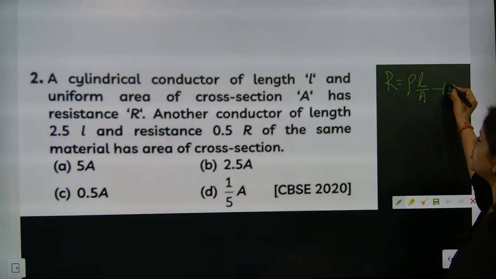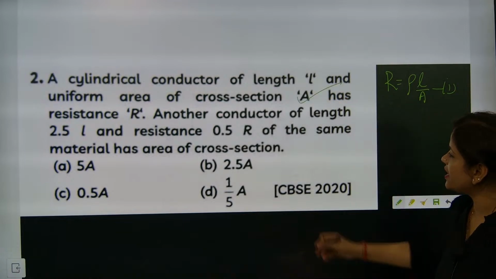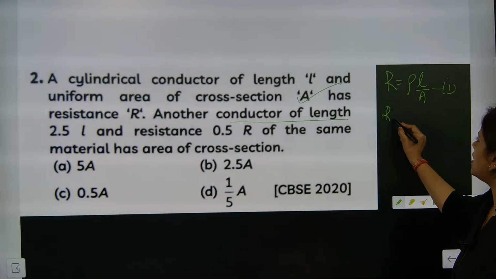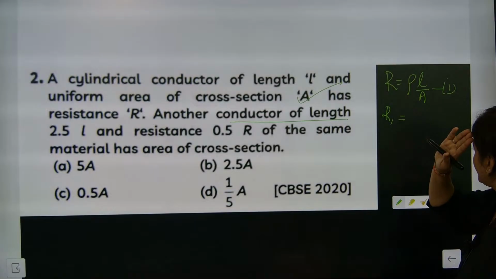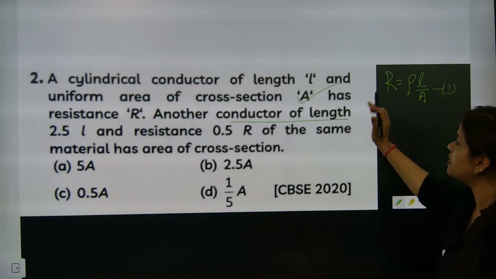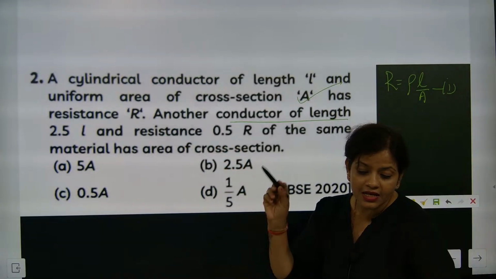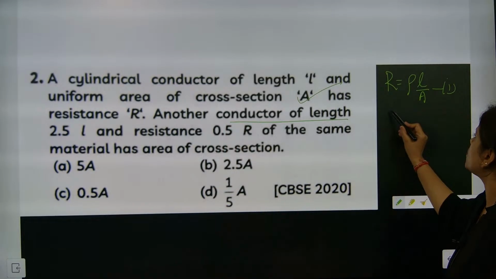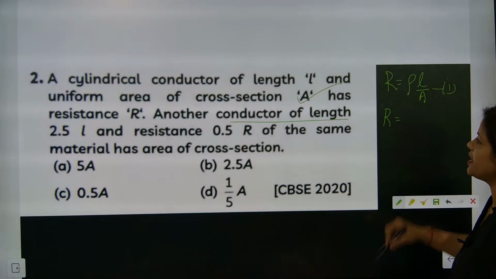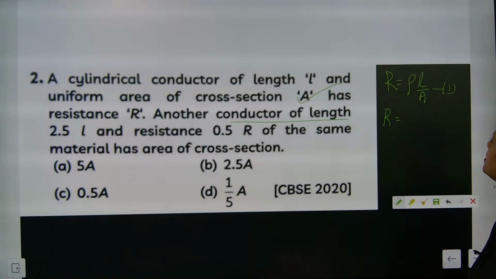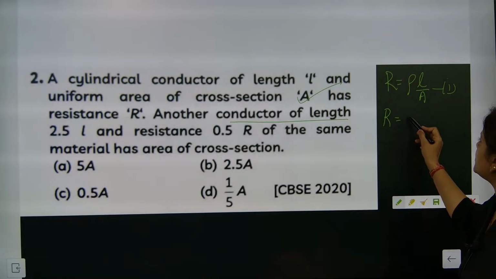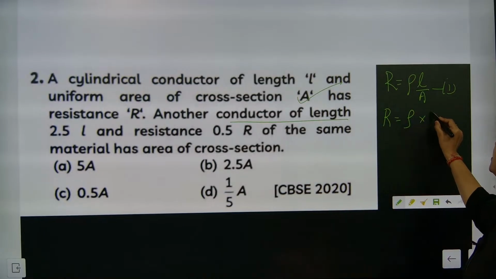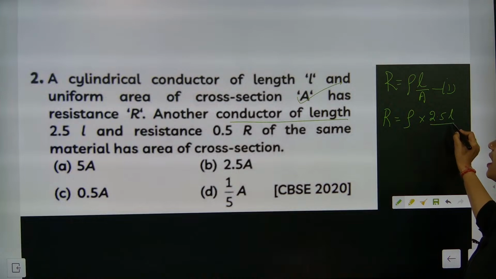This is for our case 1. Second time they are telling another conductor of length 2.5 L. They are telling same material, and same material means nature of material remains the same, so resistivity also remains the same. What things are changing here?